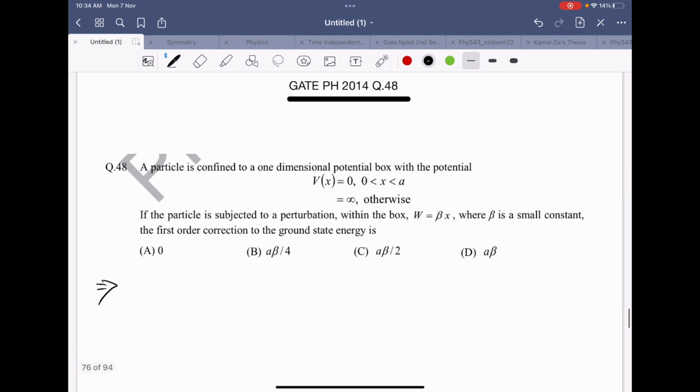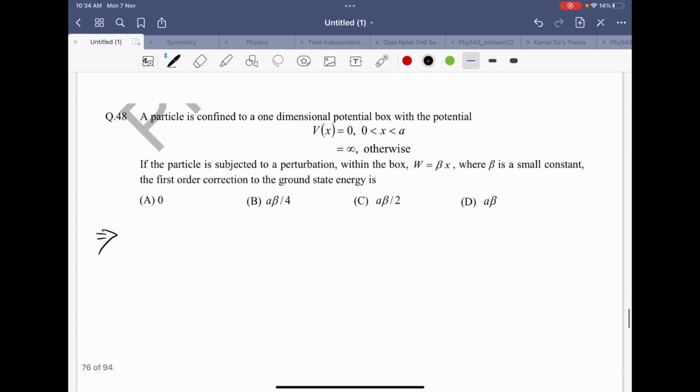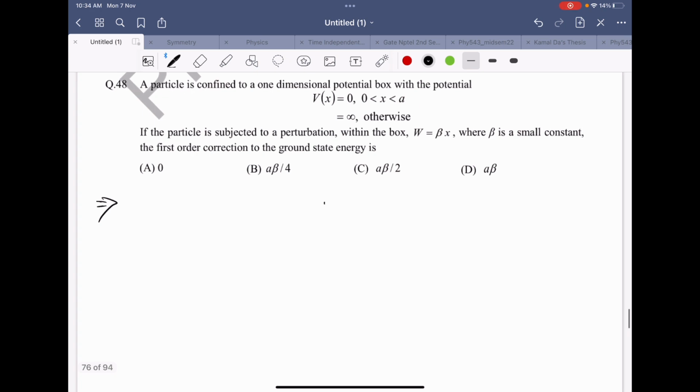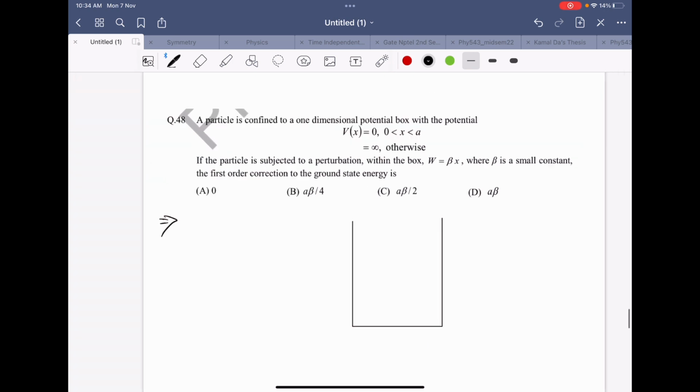So this is a time independent perturbation theory problem. So let's solve this. This is the one-dimensional infinite potential well.